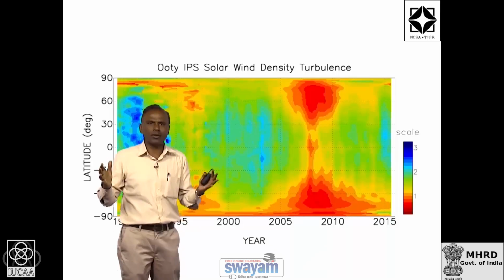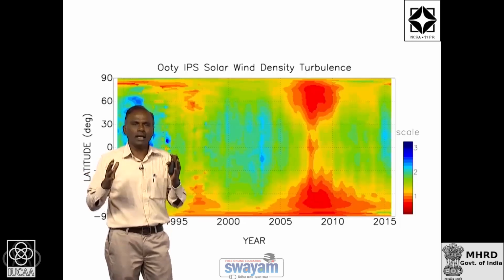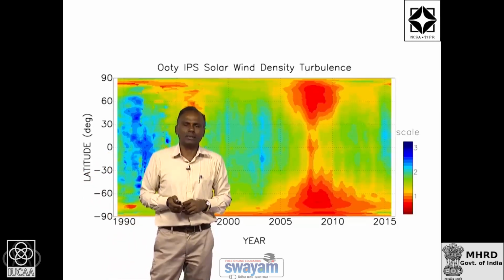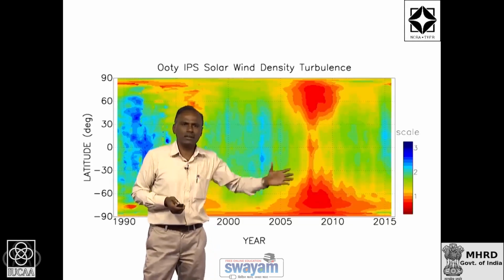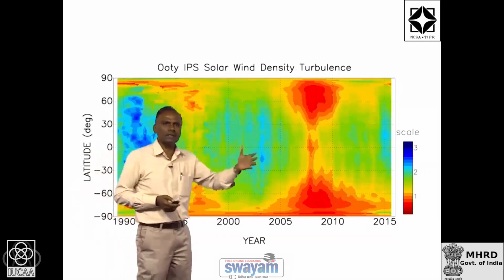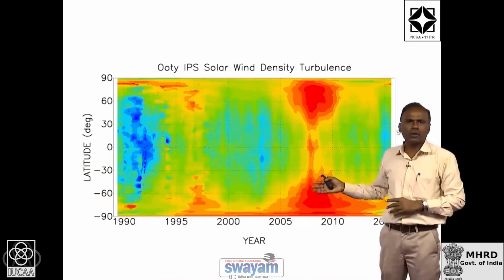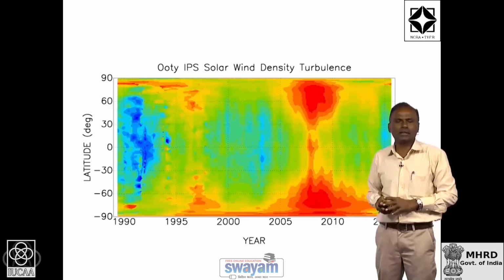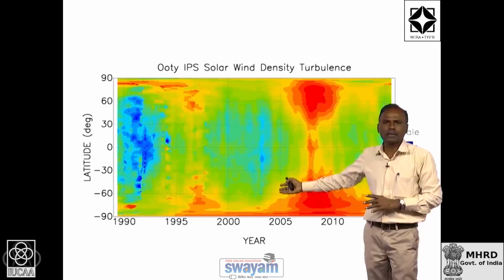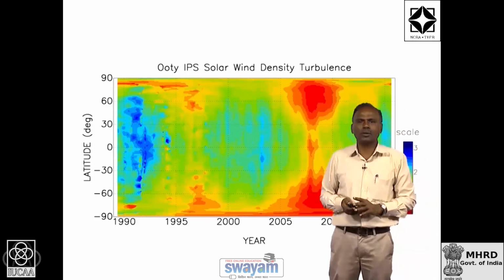These plots are from interplanetary scintillation observations from UT, and they are made at about 0.5 AU from the sun. So, you can see one solar cycle to the other solar cycle, there is huge difference in density variation. For example, cycle 22 was dominated by high density, and the cycle 24 was dominated by the low density.